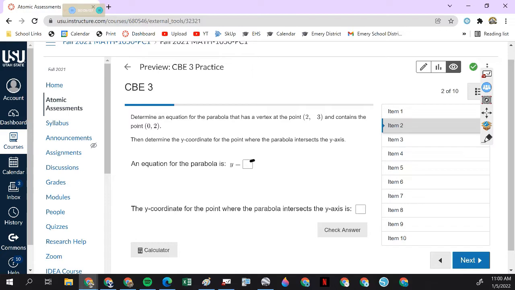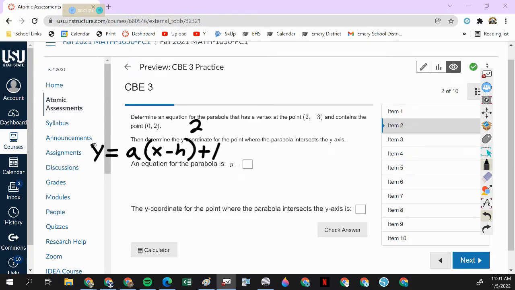Equation of a parabola. So the vertex form of a parabola is y equals a times x minus h squared plus k. Do I have that written anywhere in the room? Probably should put that somewhere. Okay.